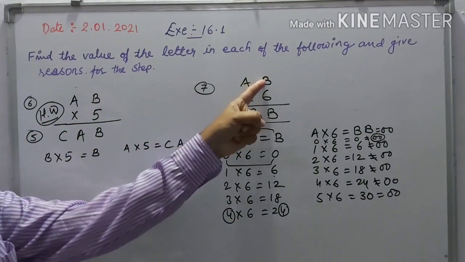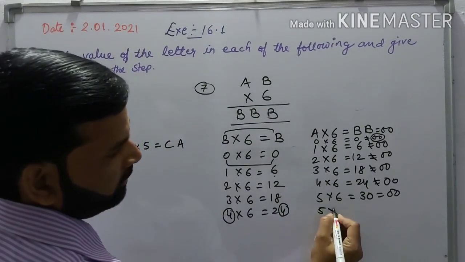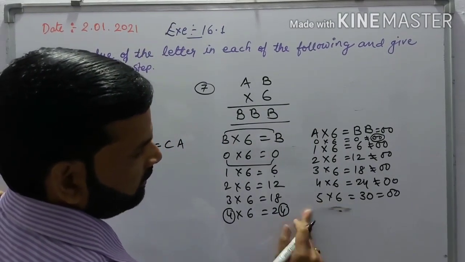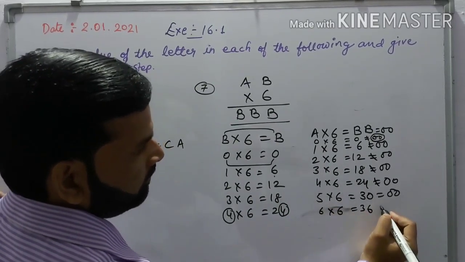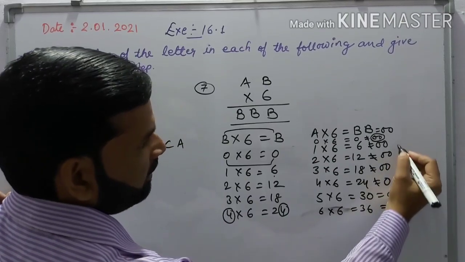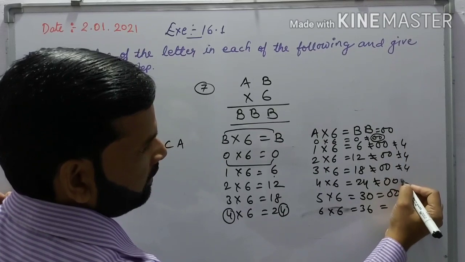Okay, that 4 and 5 into 7, 6 into 6 is 36, then it becomes 0 and it is not equal.